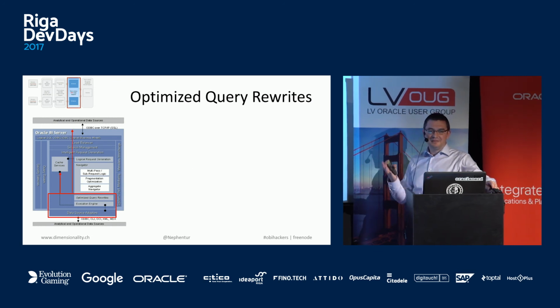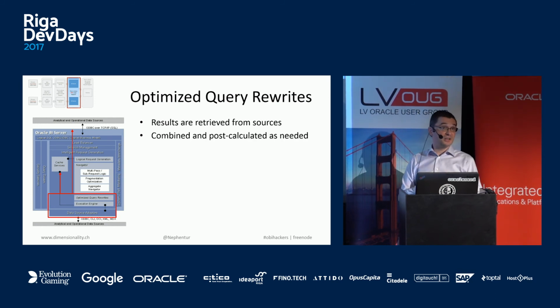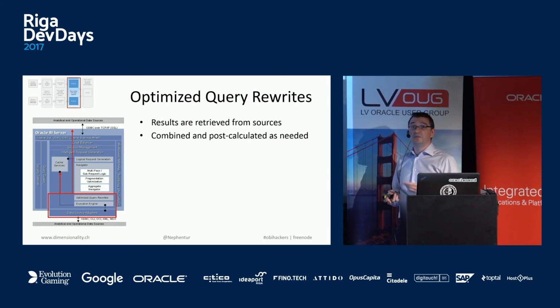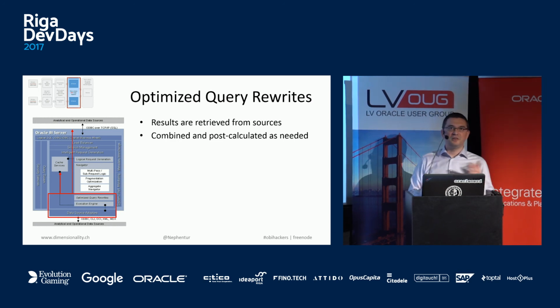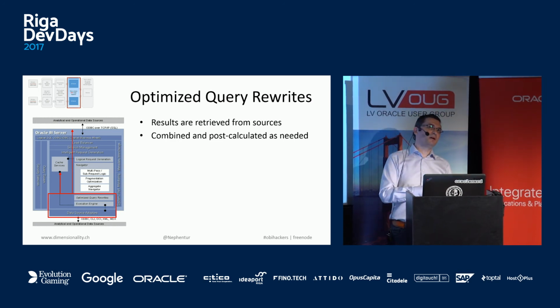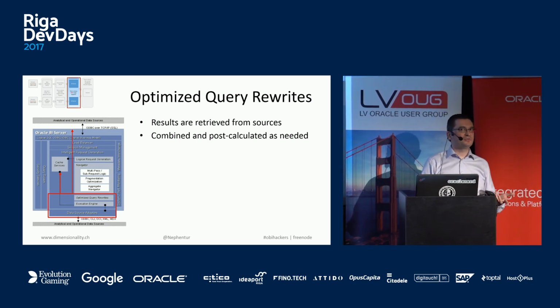So then in the end, the results are getting back from the sources. They're combined and post-calculated as we needed. For example, if you have 2 physical SQL queries, or heterogeneous data sources, we have an in-memory stitch join, and then the BI server recalculates and retransforms that data set.